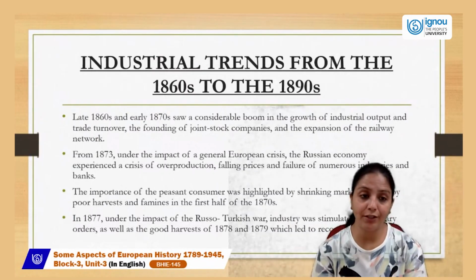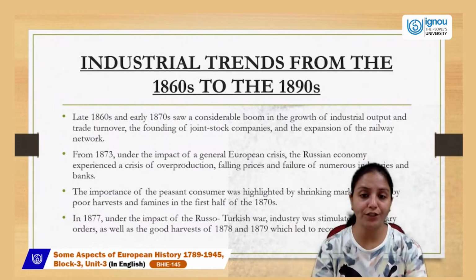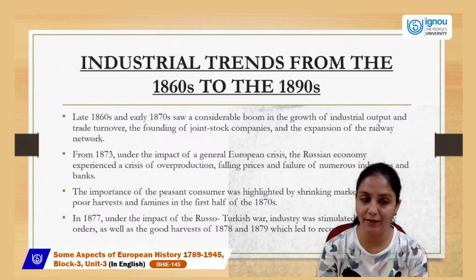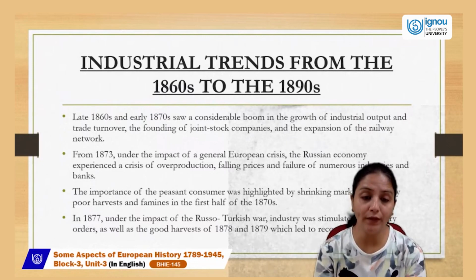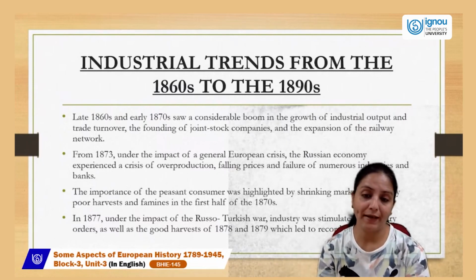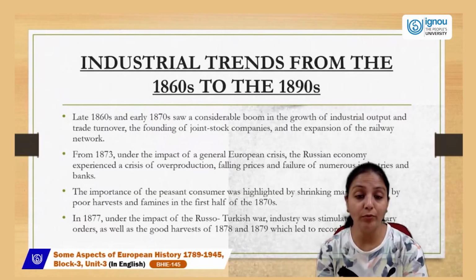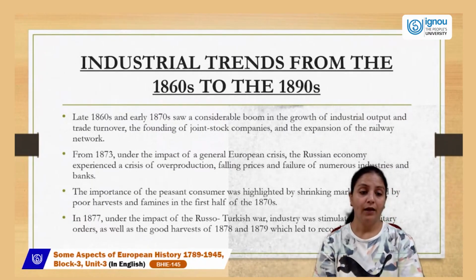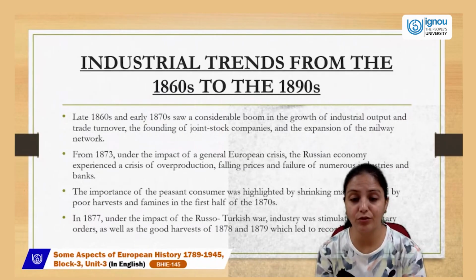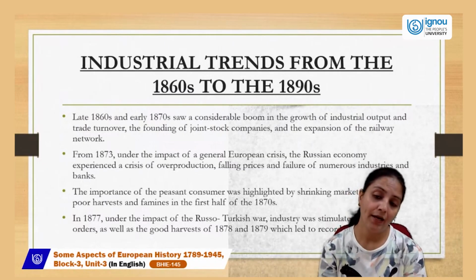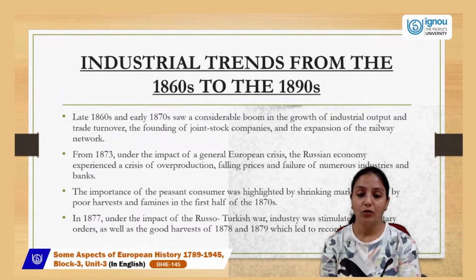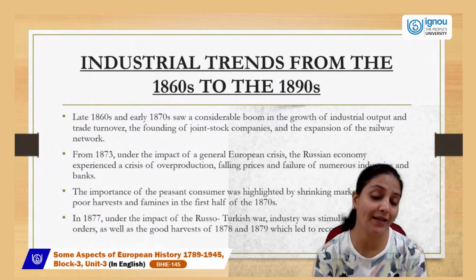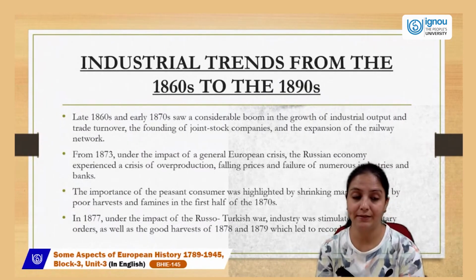From 1873, under the impact of a general European crisis, the Russian economy experienced a crisis of overproduction, falling prices, failure of numerous industries, and banking problems. The importance of the peasant consumer was highlighted by shrinking markets caused by poor harvests and famines in the first half of the 1870s.